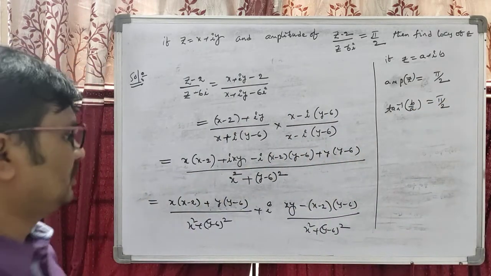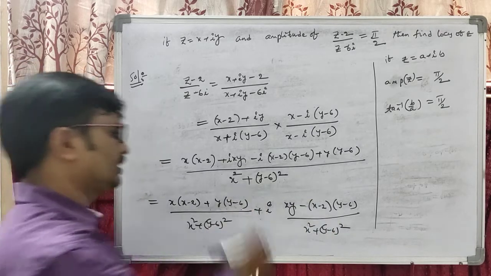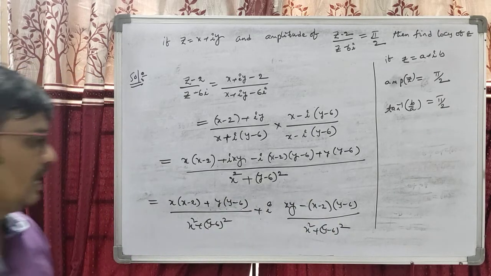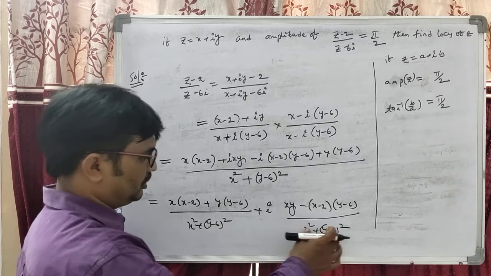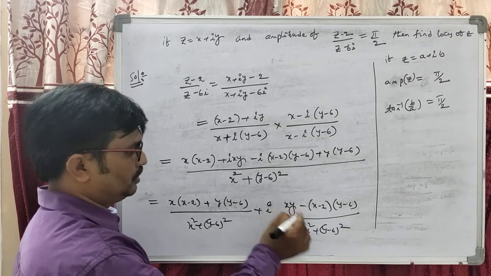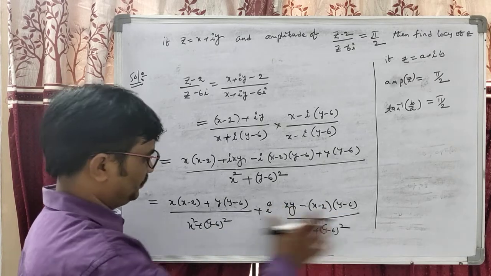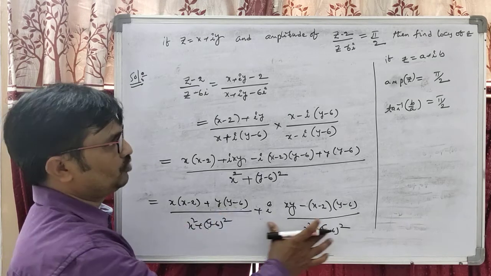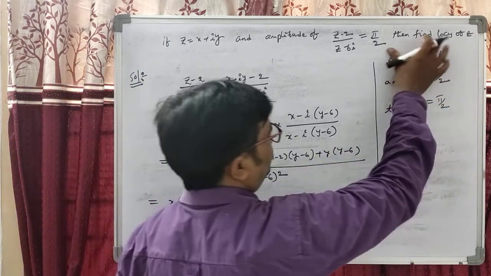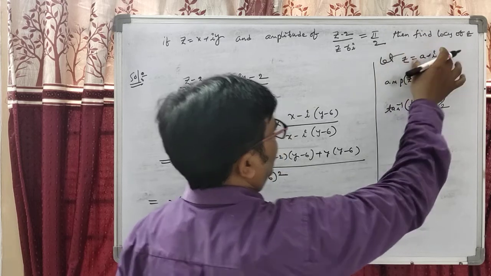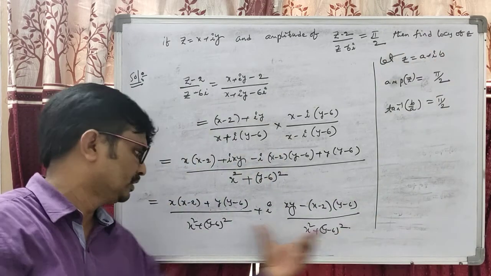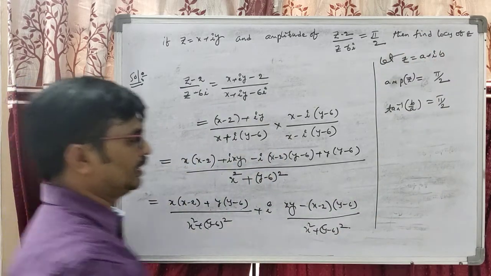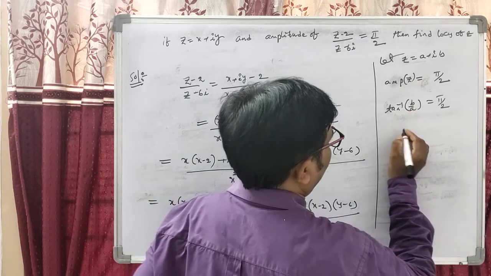So b by a is the imaginary part by the real part, this one by this one. So how can you write this one by this one? These two are cancelled. So this is the imaginary part, this is b, this is a. We have to compare with a plus ib. Let a plus ib: this is the b, this is the a. B by a. So students, b by a.